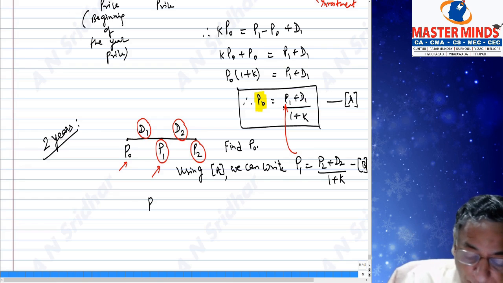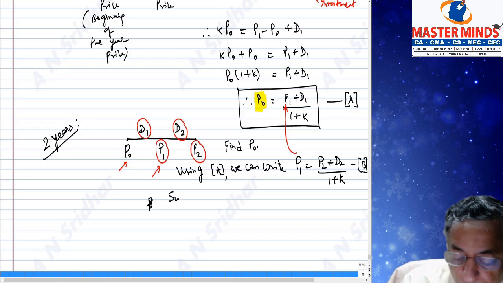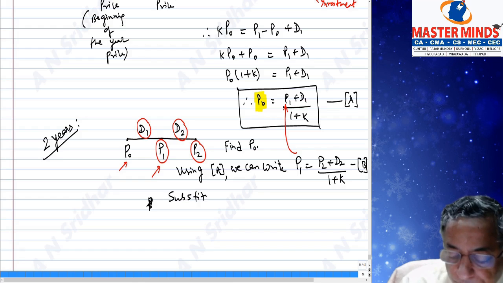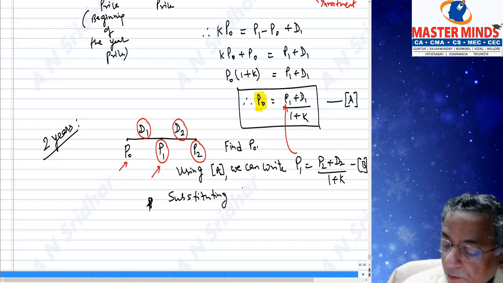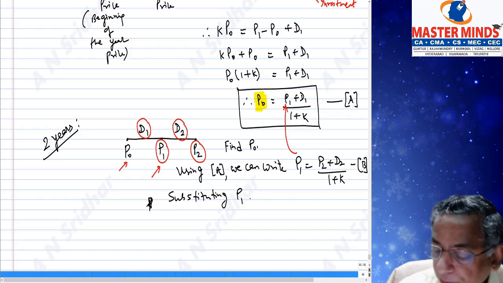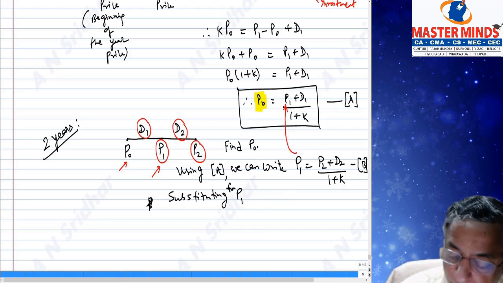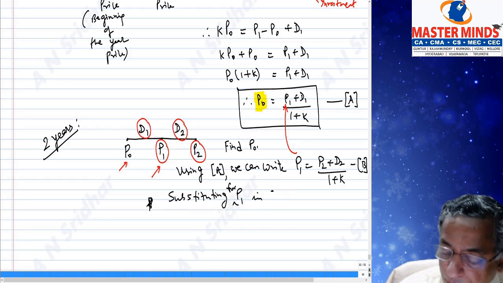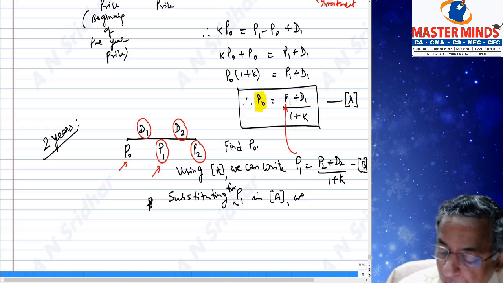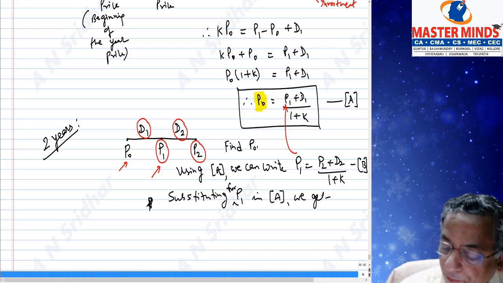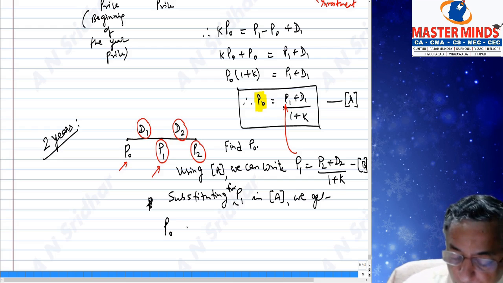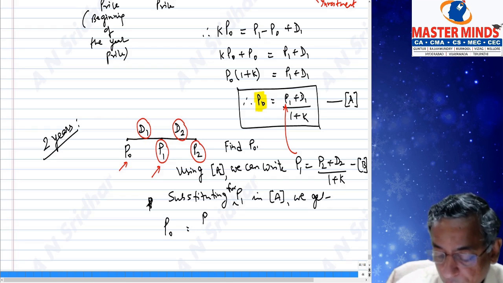Substituting for P1 in A, we get P0 equal to, so instead of P1 I write this.